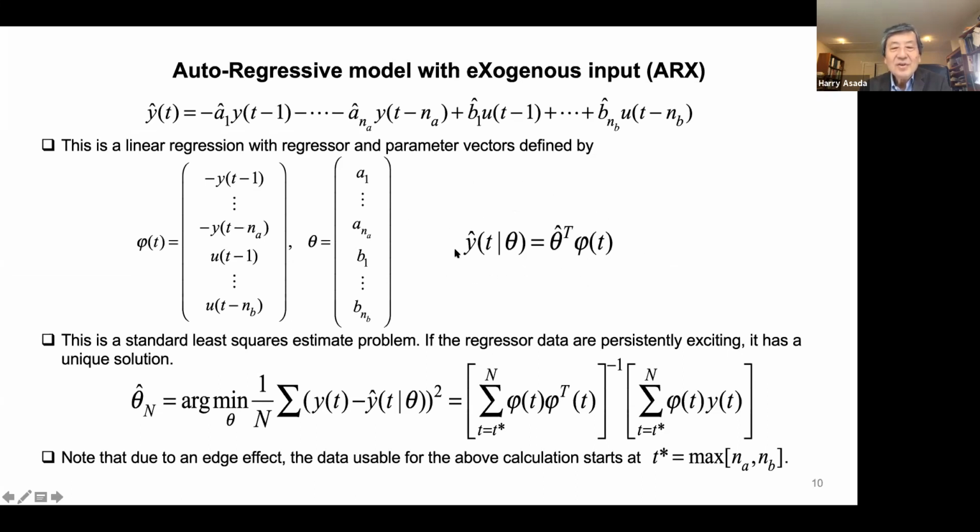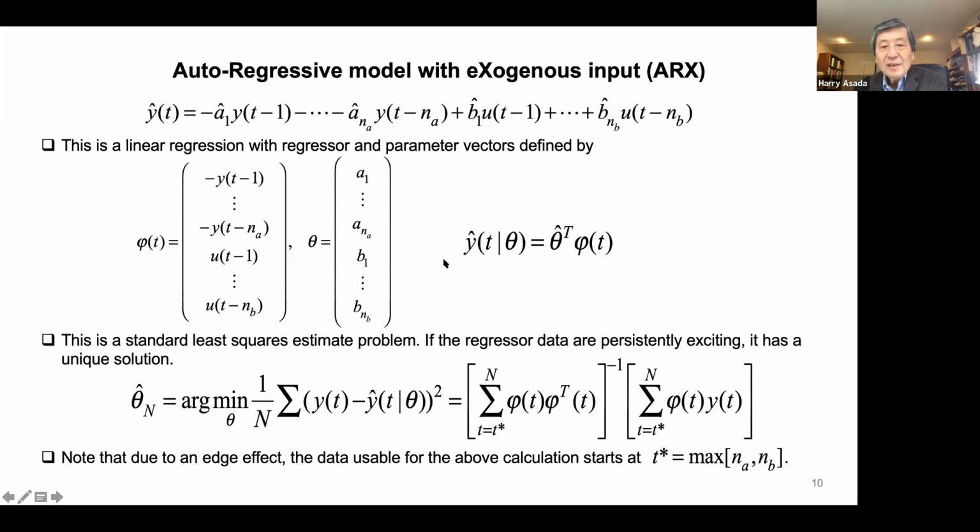I use theta and phi for the parameter vector and regressor notations. First I put all the parameters into this vector theta. Pairing with this, the regressor terms are identified in this way. The first one is A1 times minus Y(t minus 1), right? And then here, A_na, Y(t minus na). And the B terms are the same, in this way.